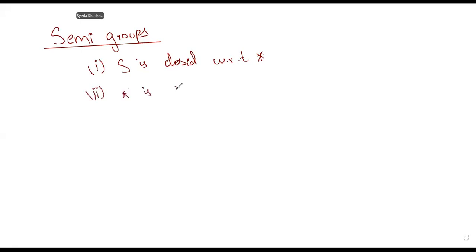For semi-groups, we have: S is closed with respect to the binary operation, and the second one is that the binary operation is associative.